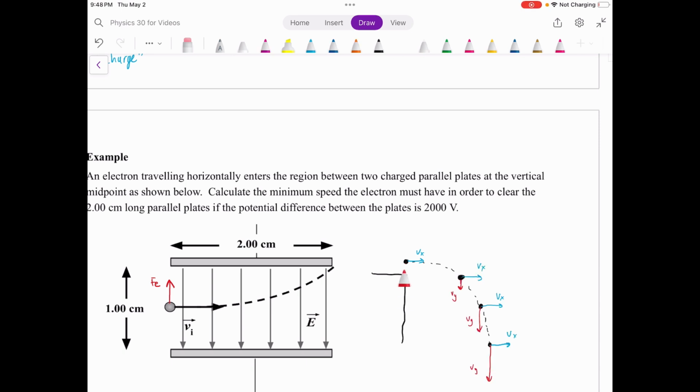Initially, it wasn't moving downwards because we threw it sideways, but the force of gravity accelerates it downwards, so its downwards velocity gets larger and larger. But there's no force pushing it to the right or to the left, so there's no acceleration to the right or to the left, and therefore there's no change in its x velocity, right? It always has that same sideways velocity. It's just getting faster and faster downward.